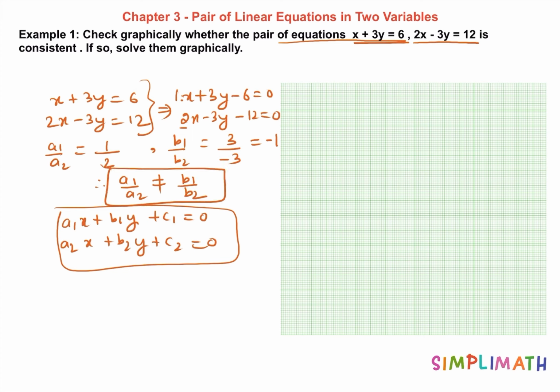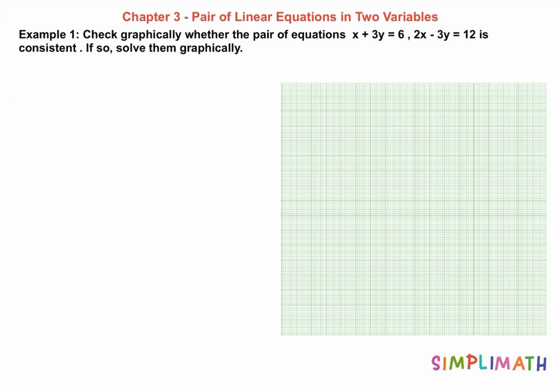So as we have studied in section 3.2, when a1 by a2 is not equal to b1 by b2, we can say that the pair of linear equations are consistent. So this is a little trick that you can apply in your exam so that you don't make a mistake. Now let us proceed how you have to actually solve the question if it comes in your exam.